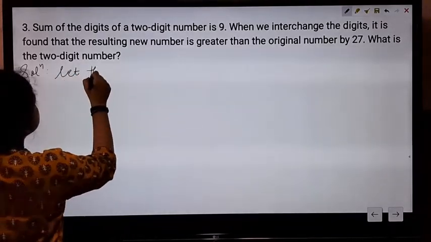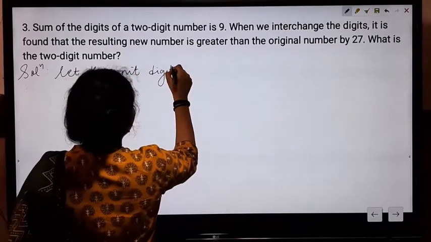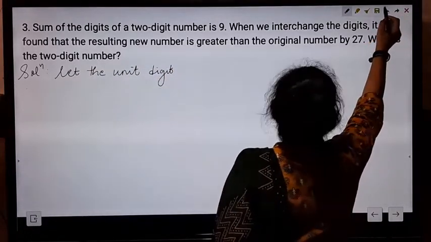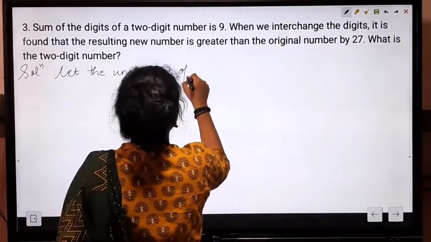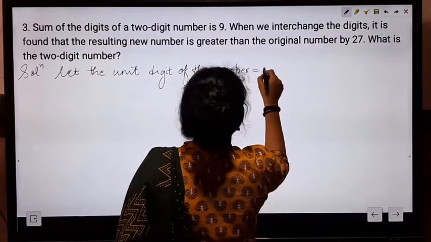Let the unit digit of the number equal x.